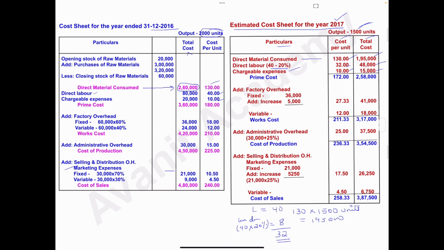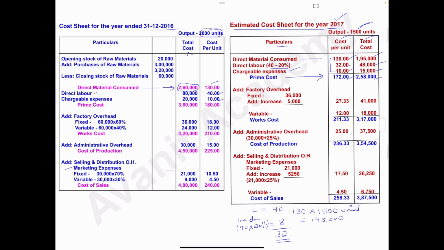Add this. 130 plus 32 plus 10 and the total is 172. Total cost: 1,95,000 plus 48,000 plus 15,000 and the total is 2,58,000. This is called prime cost.